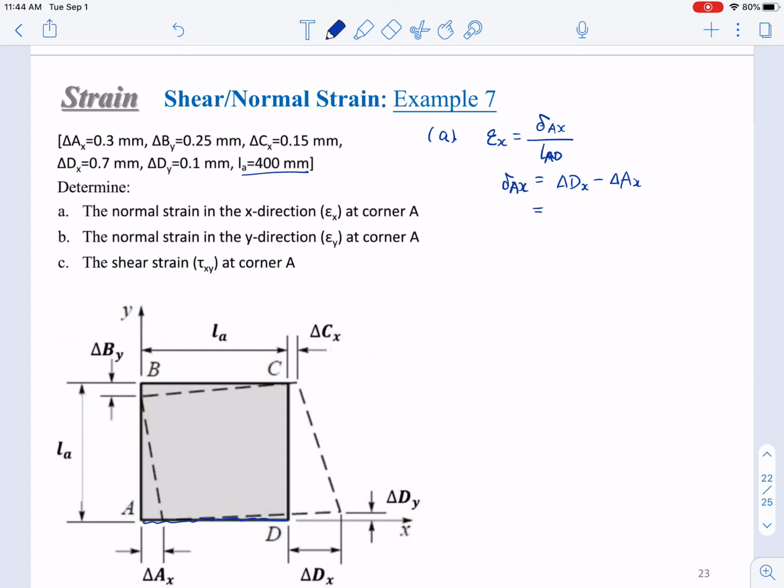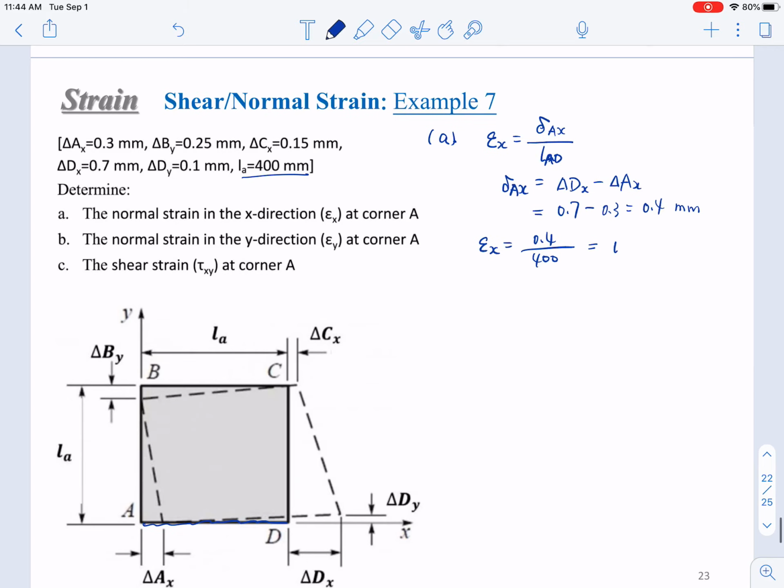The first value is 0.7, the second one is 0.3, so we get 0.4 millimeter. So epsilon X will be 0.4 over 400, that is 0.001 strain, or 1000 microstrain.